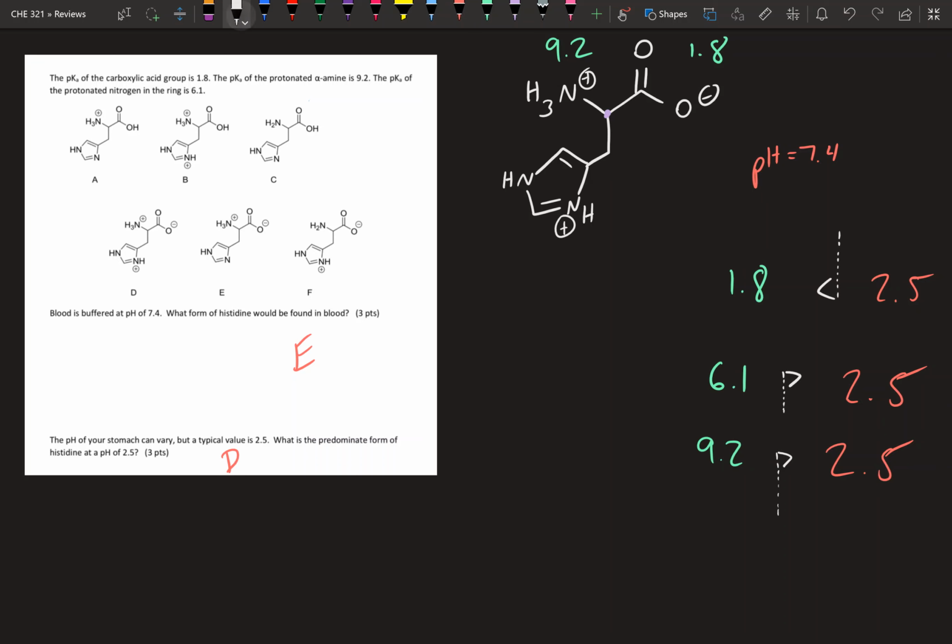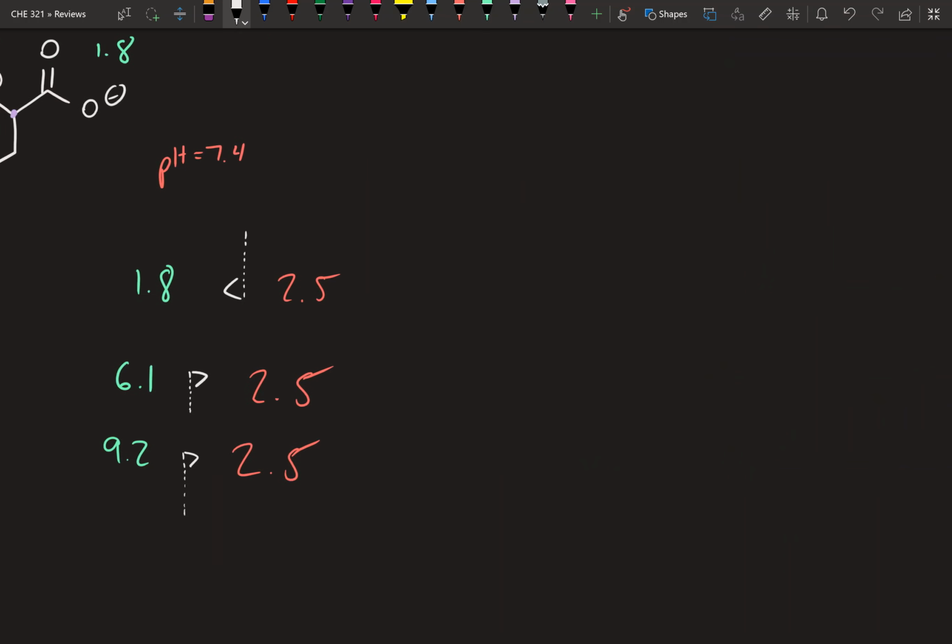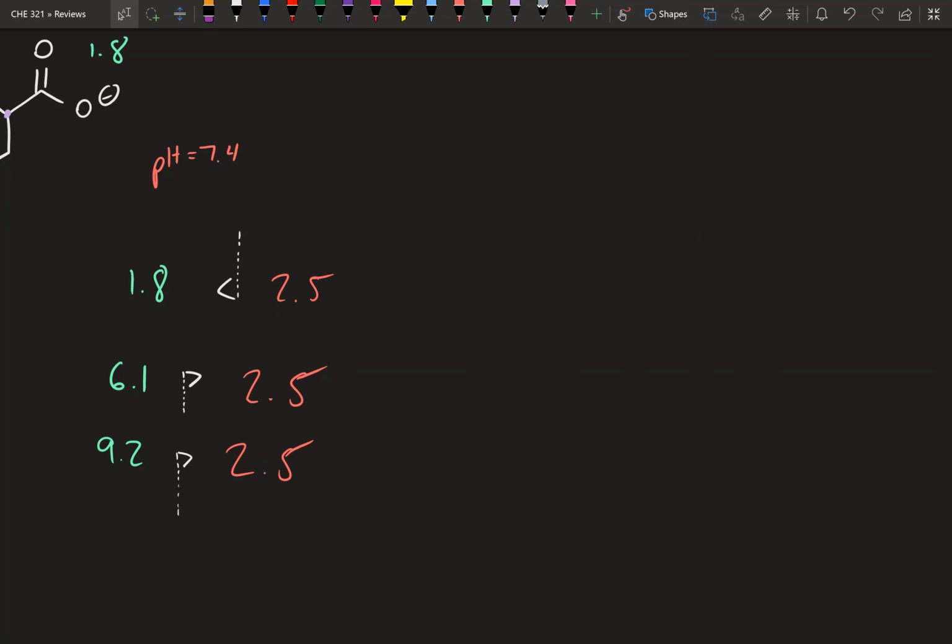Now, you might see other functional groups here, so we're going to quickly go over some of this stuff.